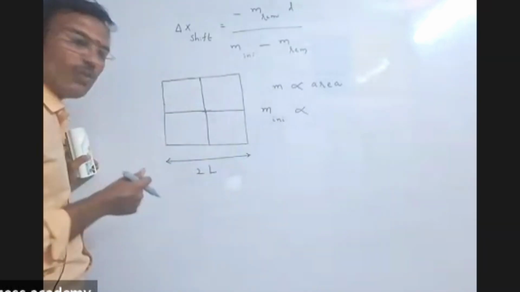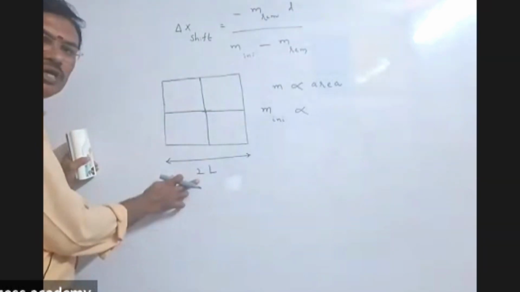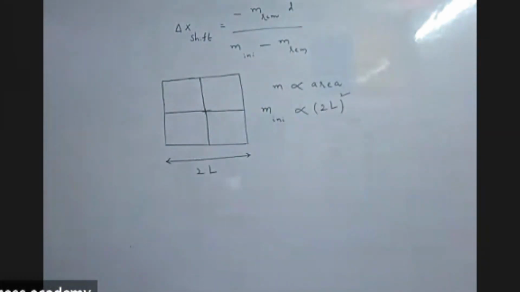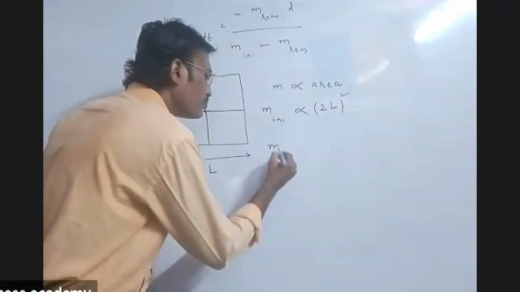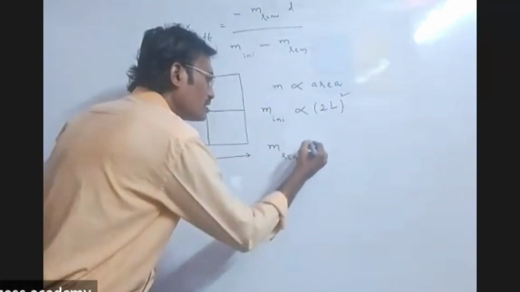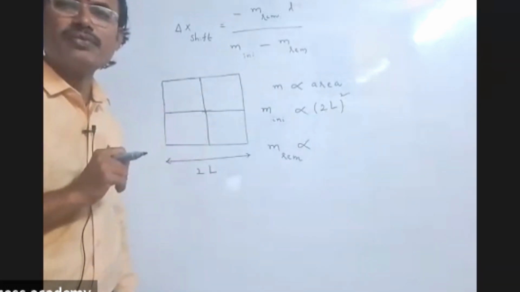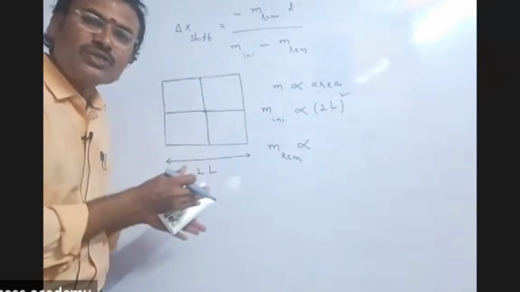Side square. What is the side of that square? 2l. So that's why here I consider that 2l whole square. This is the m initial. What is the m removed? Here the shape of the removed part is very important. Which one is removed from the square?